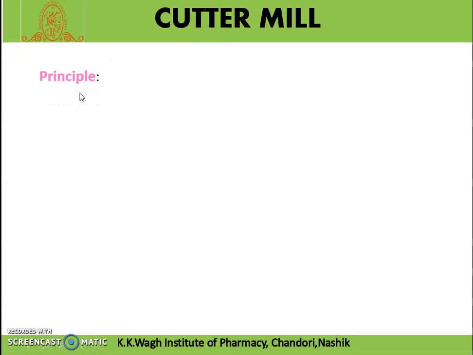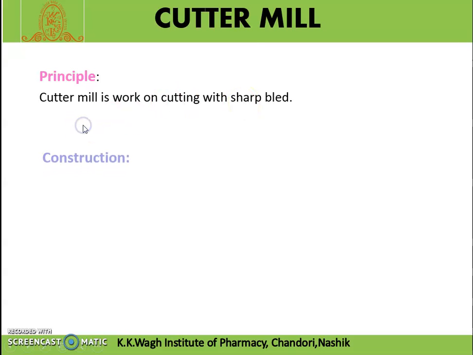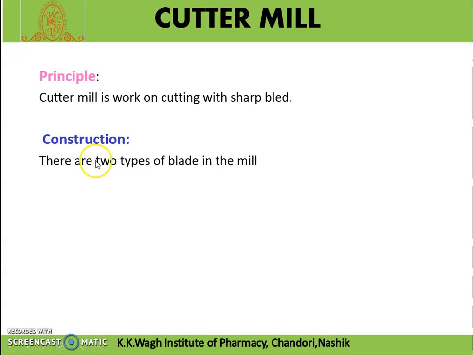The principle behind the cutter mill is that it works on cutting with sharp blades. In this we use sharp blades to cut down the material. Then construction. In the construction there are two types of blades in the mill.